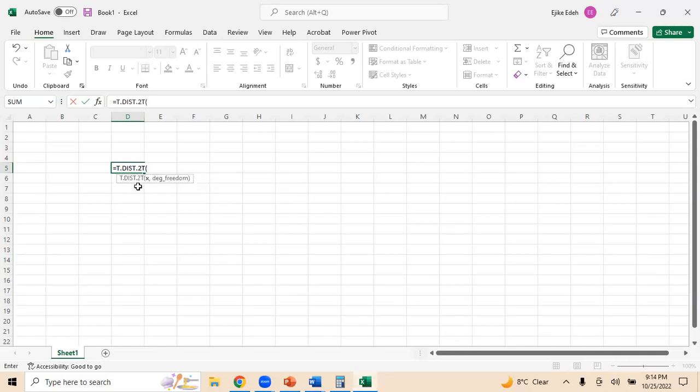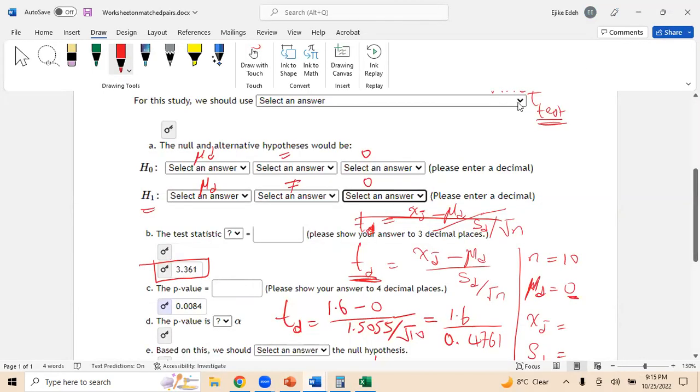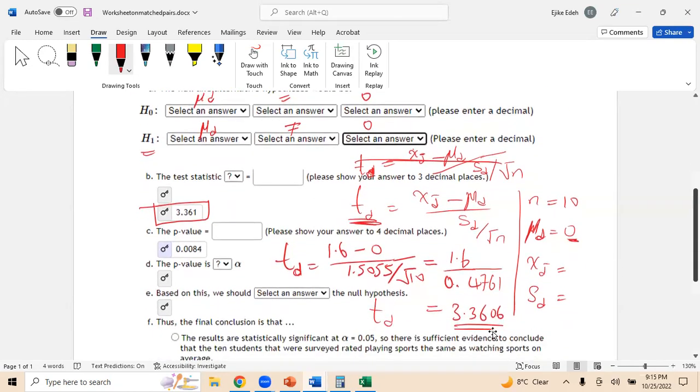Then you enter the test statistic. Our test statistic here is 3.361, or we can use the whole value we got so we can be more precise. So we got 3.3606. That is more precise than 3.361, which is already approximated. So let's use 3.3606.